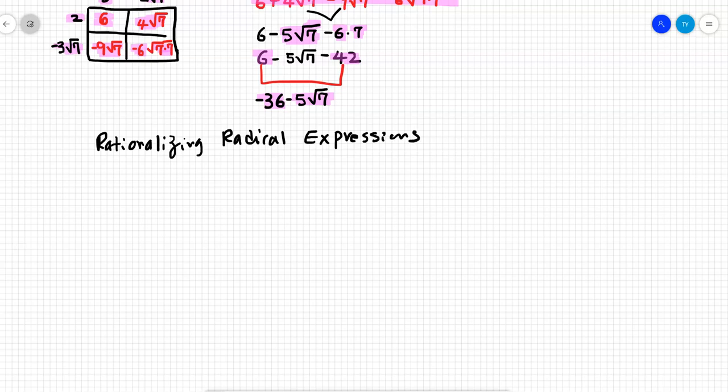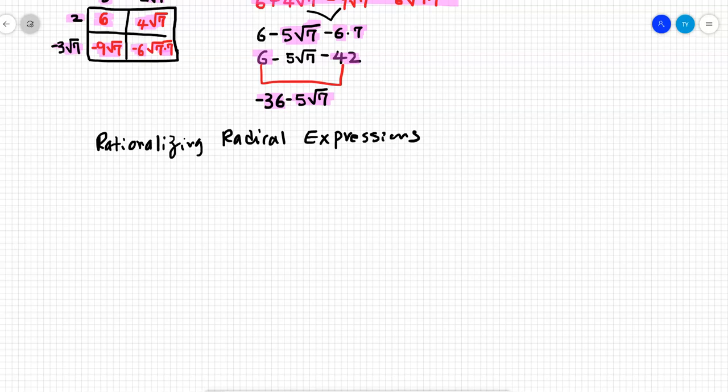What we mean by rationalizing is that when we have any type of radical expression, we don't want to have the radical, square root or cube root, at the denominator. So we want to get rid of it. That's going to be the process of what we have here.